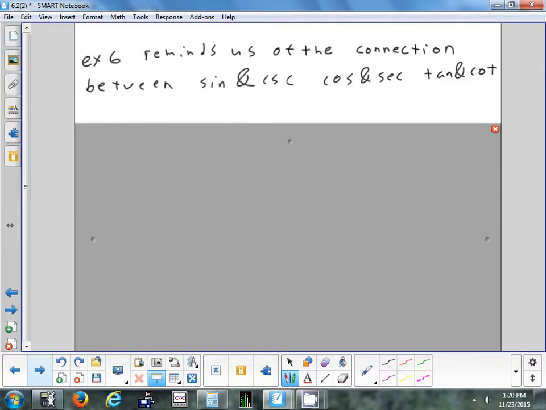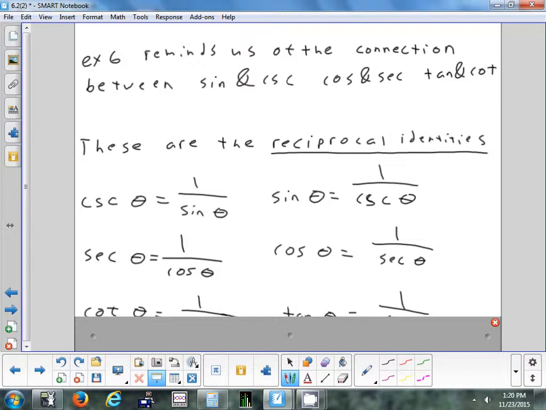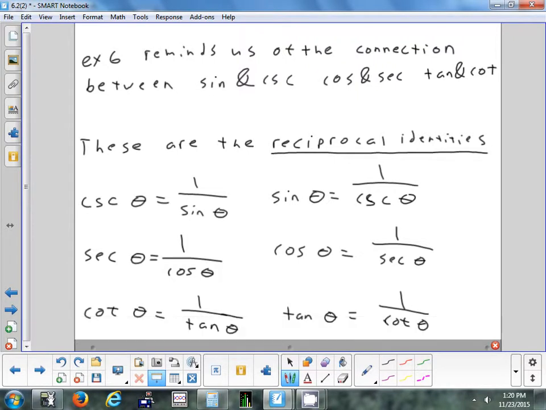All right, so that last problem where we had to flip things reminds us of the connection between sine and cosecant, cosine and secant, tangent and cotangent. They're reciprocals of each other. Okay, and these are called the reciprocal identities. If you're writing these down, we're going to have a bunch of identities we learn over the next month.